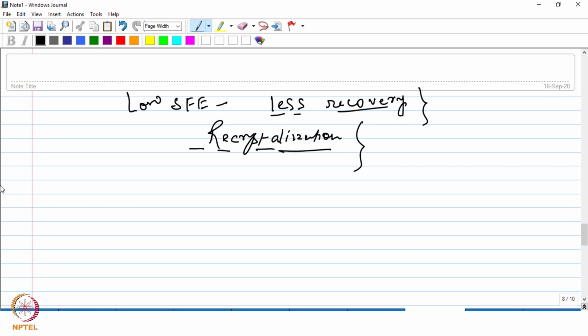The first one says that you need a minimum amount of plastic deformation to initiate recrystallization.